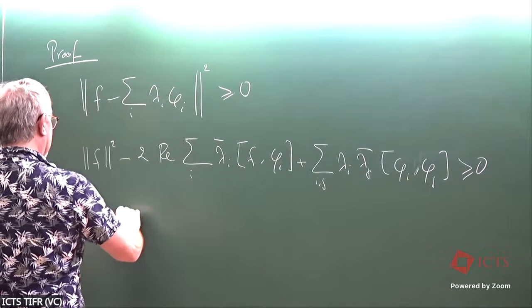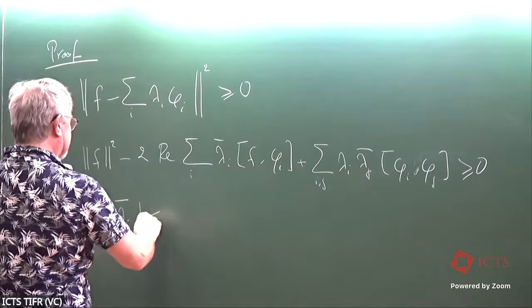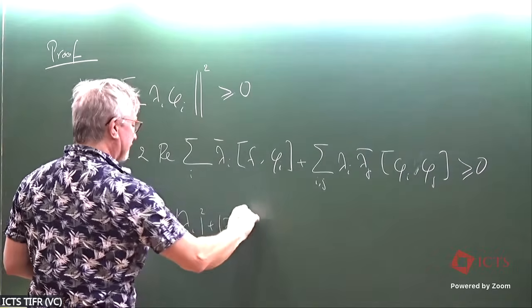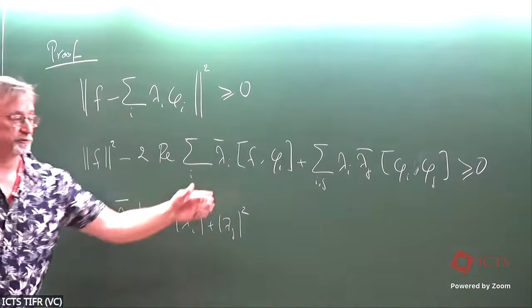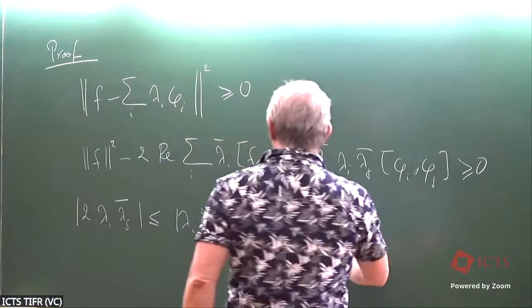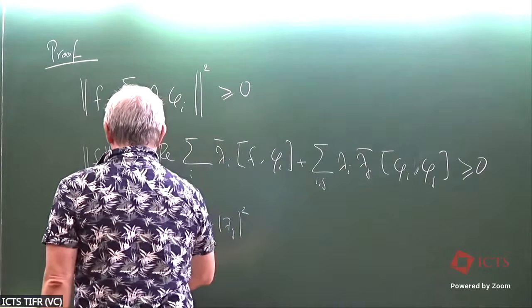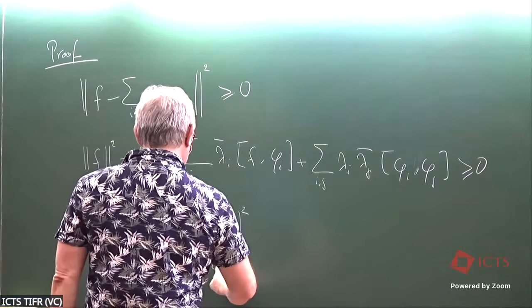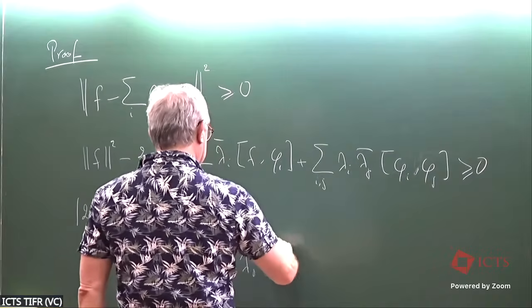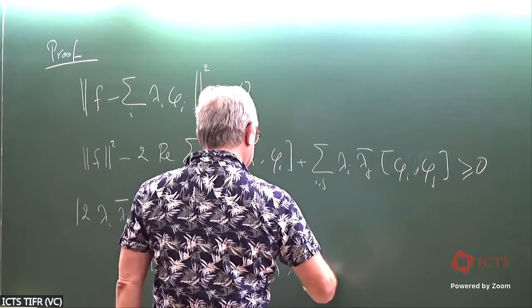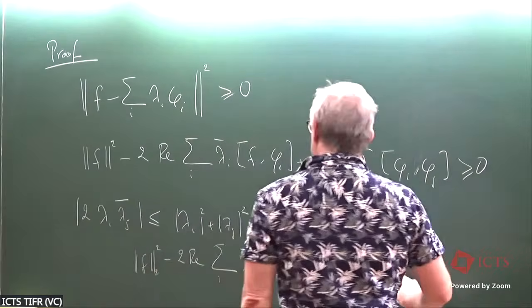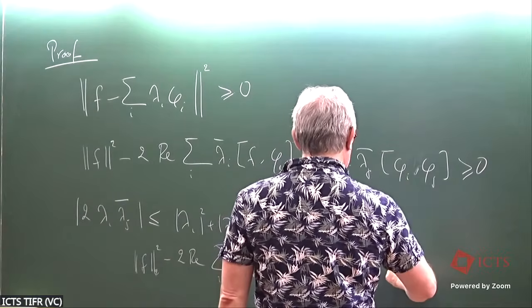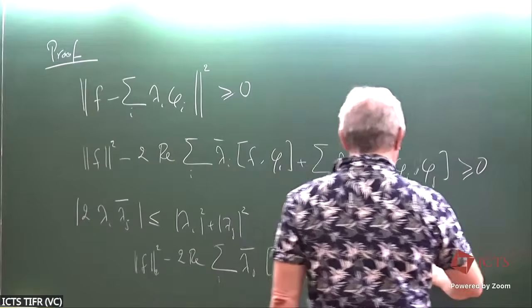You use lambda j bar is less than lambda I square plus lambda j square, which you put inside. And what you get is simply norm of F squared minus twice real part of sum over I of lambda I bar F phi plus sum over I of lambda I squared.